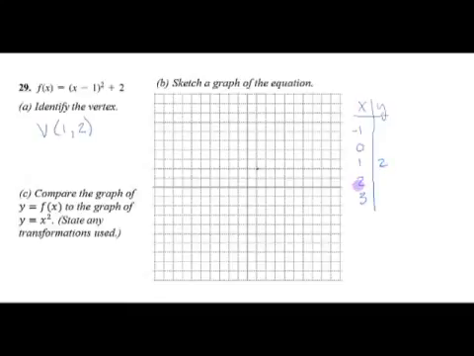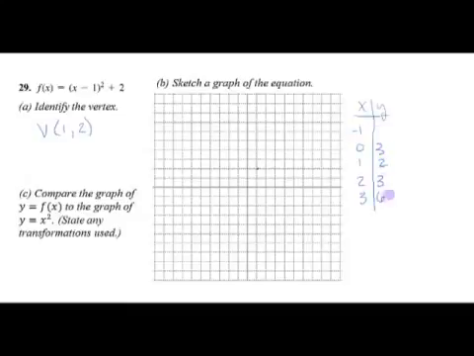Let's go ahead and put in 2. 2 minus 1 is 1. Squared is 1. Plus 2 is 3. Putting in a 3, I get a 3 minus 1 is 2. Squared is 4. Plus 2 is 6. And a 0 minus 1 is negative 1. Squared is positive 1. Plus 2 is 3, as we suspect.